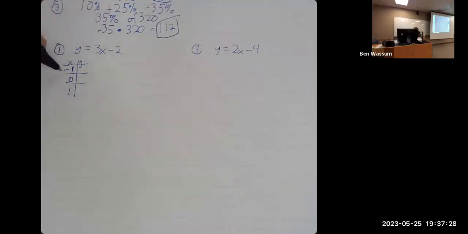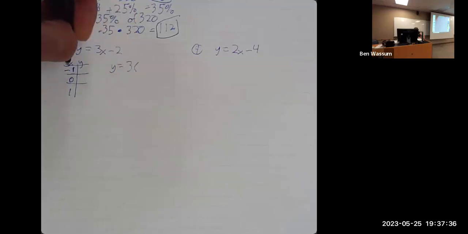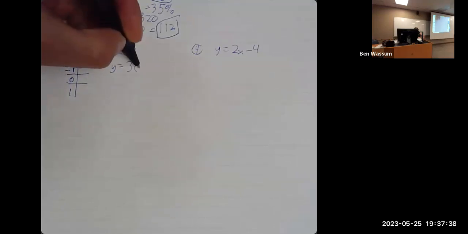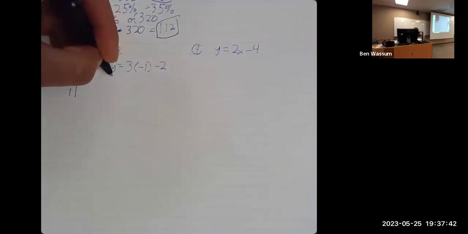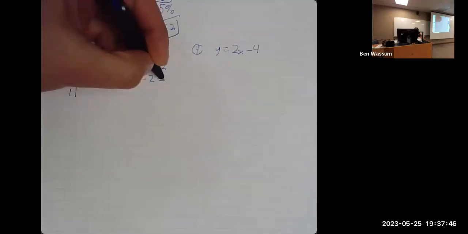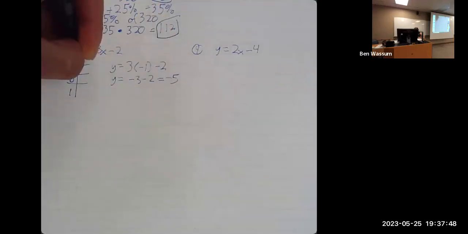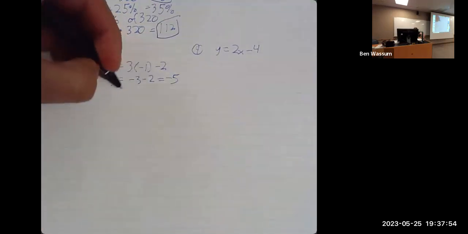So what you do is you're going to take each of these X values and plug them into this equation. So y equals 3 times X, and in this case, X is -1, minus 2. That's -3 minus 2, which is -5. Now we plug in the 0.